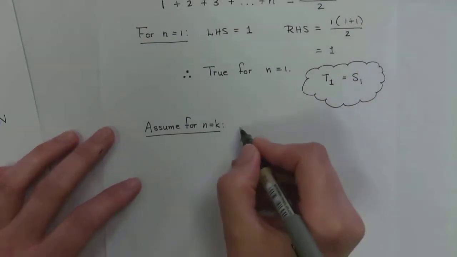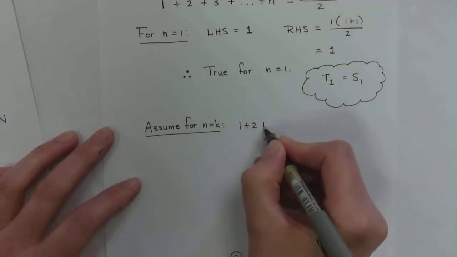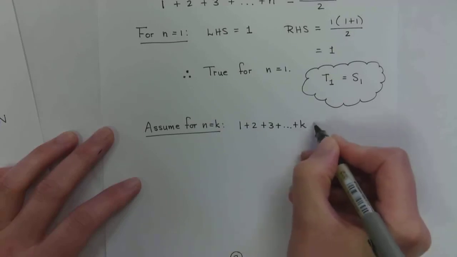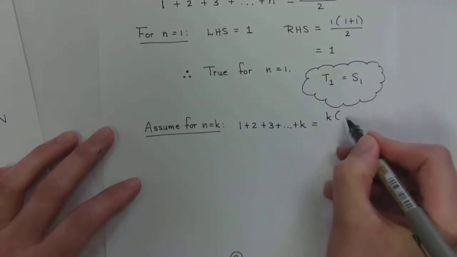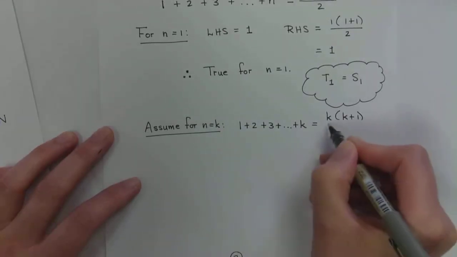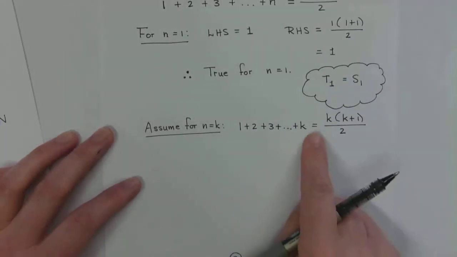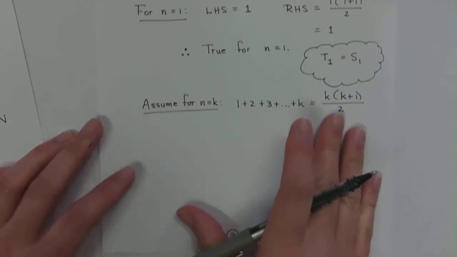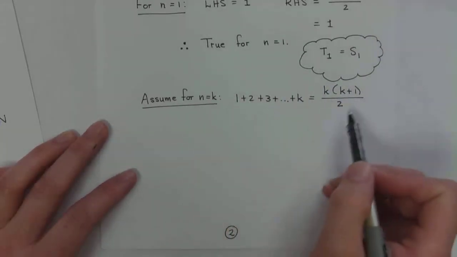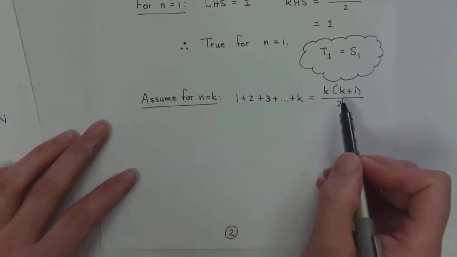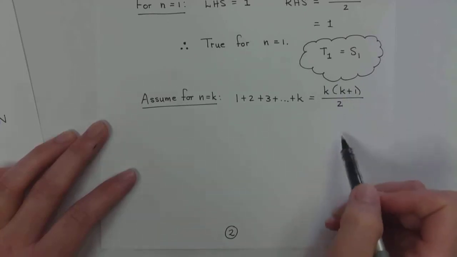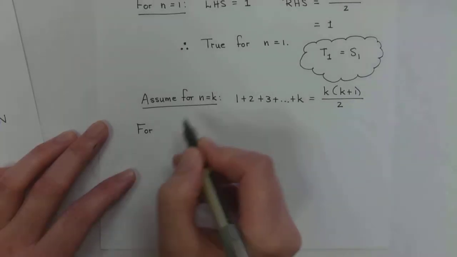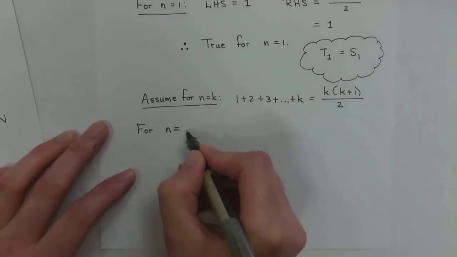So I'm going to say, assume that 1 plus 2 plus 3 plus, skip a few, plus k is then equal to k times k plus 1 over 2. There we go. So I use the statement of equality because I'm assuming this is in fact true. Now we have to go and say, but if this is true, will it then knock over the next one? So the next one, the consecutive term after this one, is for n is equal to k plus 1.